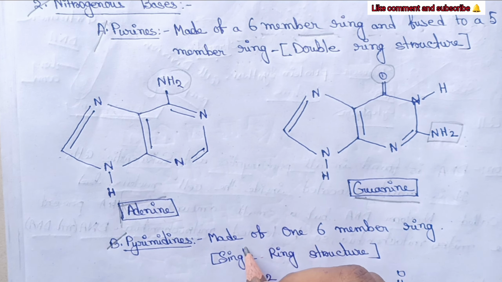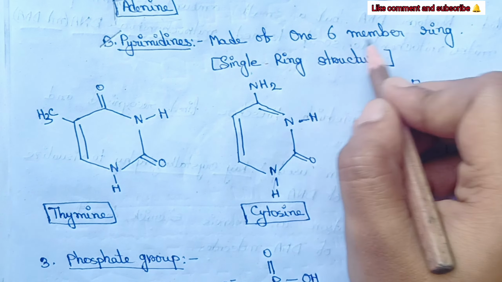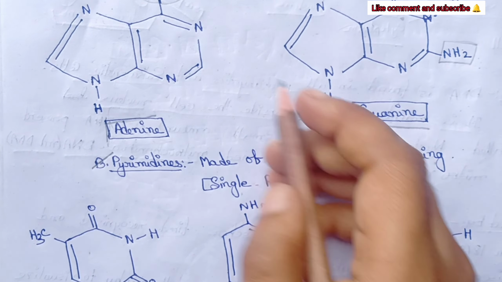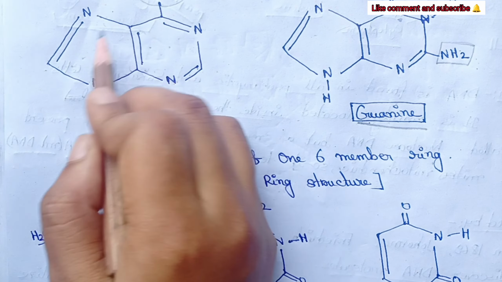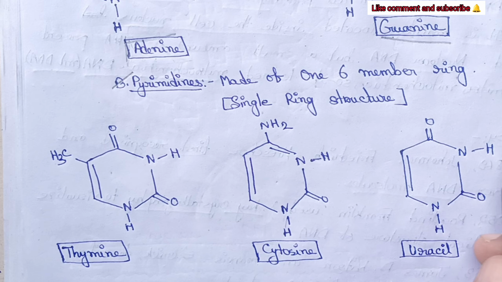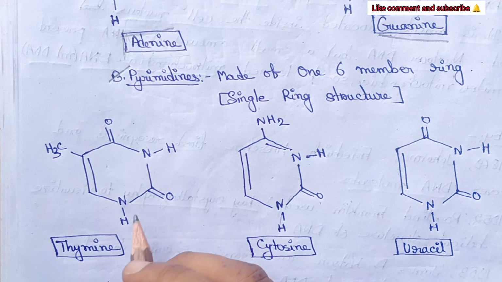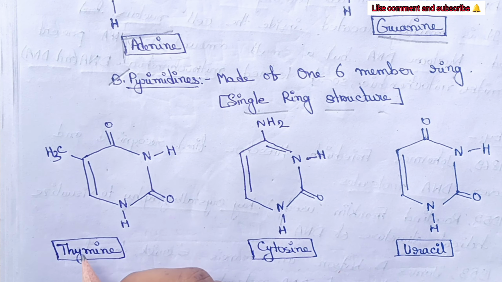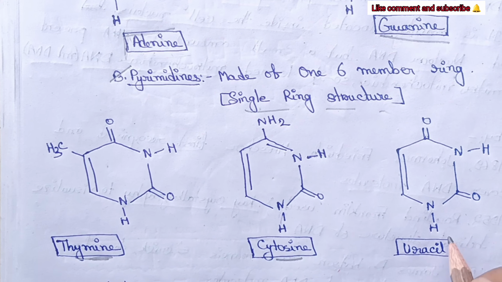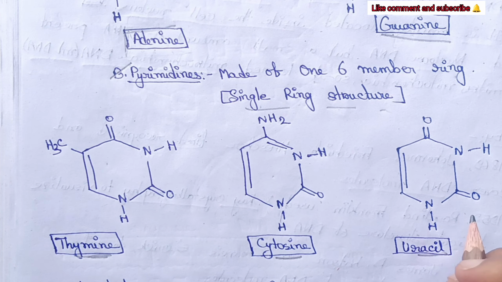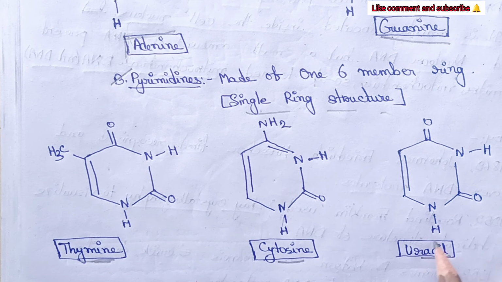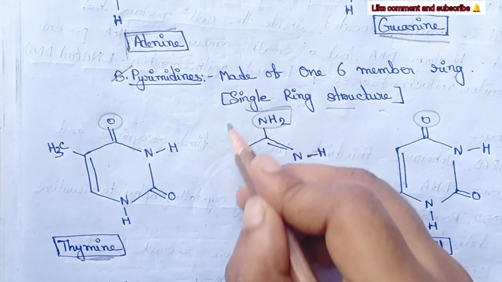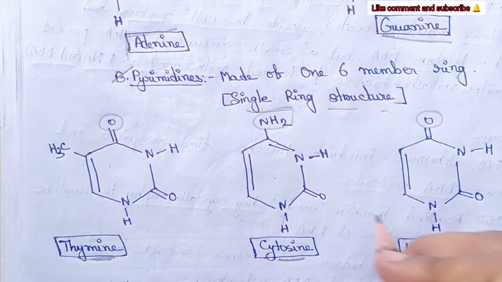And then the pyrimidine. Pyrimidine is made of only a 6-member ring. In purine there is also a 5-member ring present, but in this structure there is no 5-member ring. So this is a single ring structure. You can see that this is the thymine structure, this is the cytosine structure, and this is the uracil structure, where in thymine and uracil there are double-bonded O groups, but in cytosine there is an NH2 group, and all the structures are almost the same.